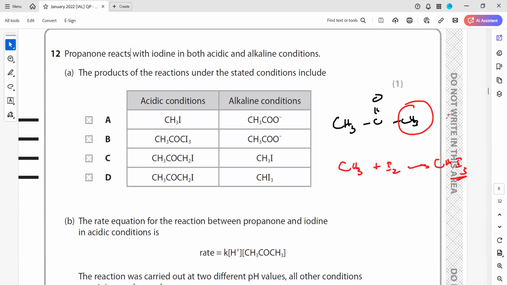The equation must be balanced in the presence of NaOH. So this ONa will take the position of the methyl, and the methyl group combines with the iodine to form triiodomethane. So triiodomethane is CHI3 in alkaline, and this is in acidic. So you have to remember acidic and alkaline.